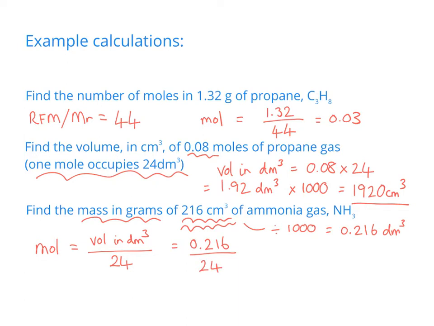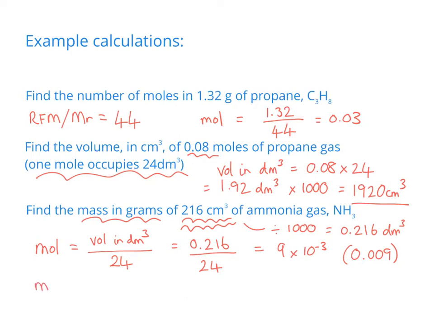Pop that in my calculator, I get a number that is in standard form, 9 times 10 to the minus 3. I can turn that into non-standard form if I want to, but there's no need to because we're in the middle of a calculation, so we can leave it like that. That's how many moles.